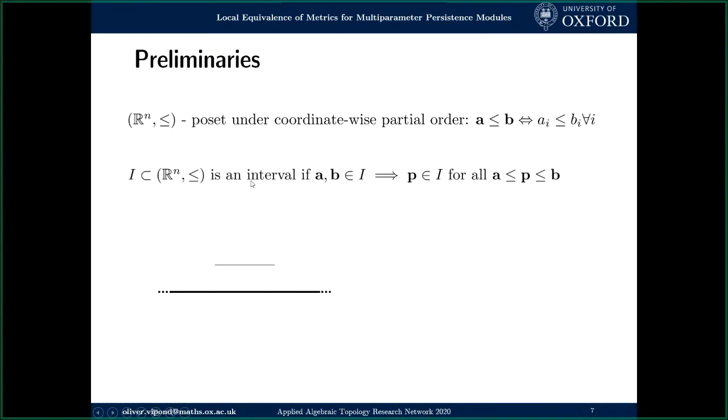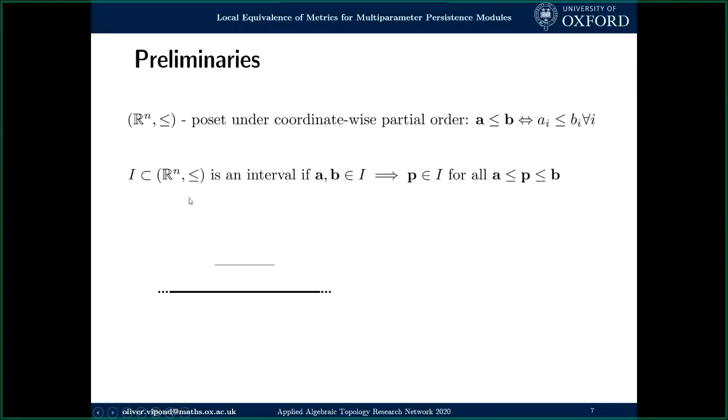So if we think about the decomposition theorem, that said that we can decompose our single parameter persistence modules into a series of intervals. Now, if we think about the analog of an interval in R^n, we're going to generalize the definition of an interval of R using this convexity definition.